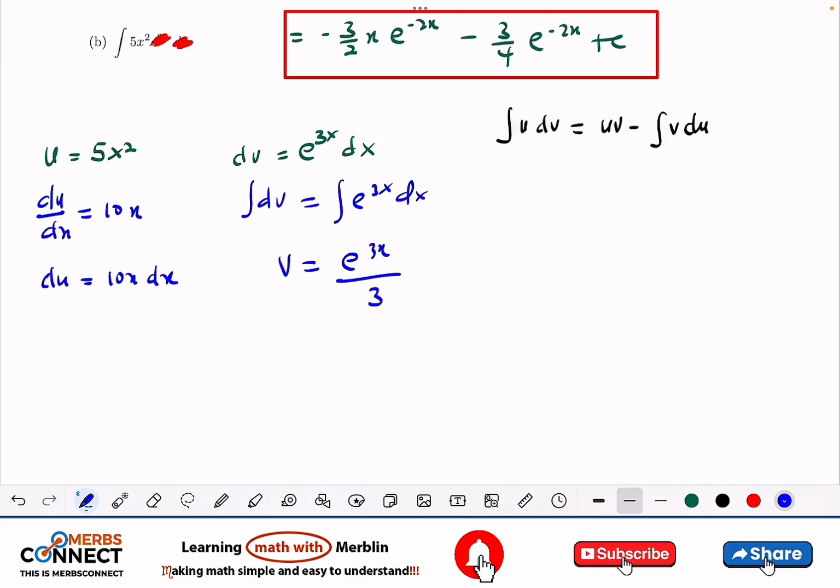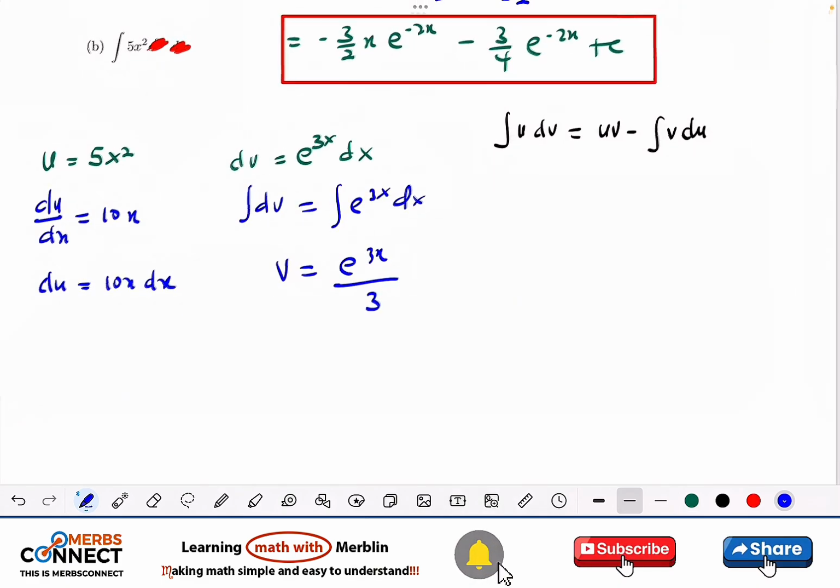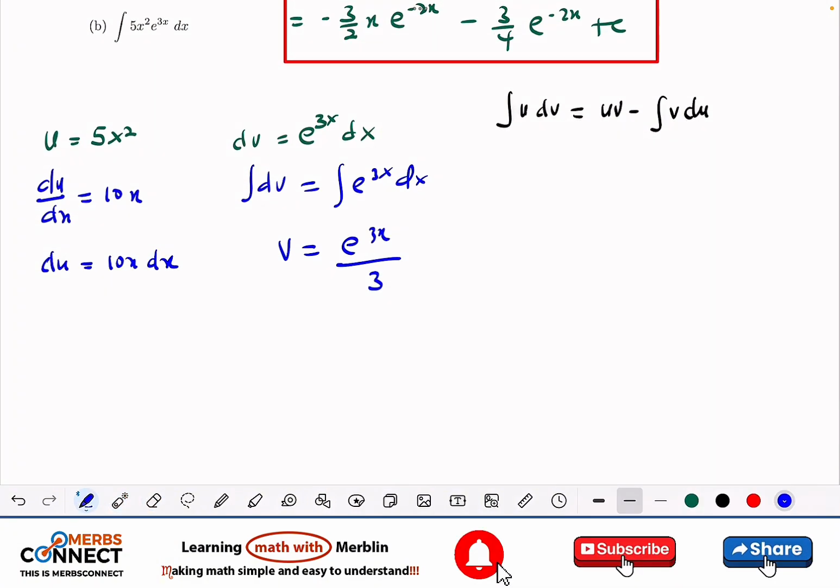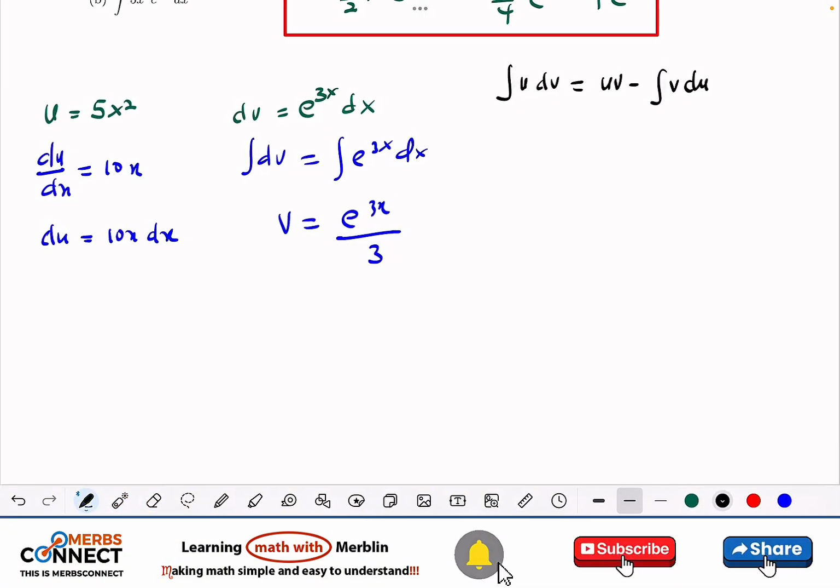So I'm done. So what I need to do is now write my integration, which is this here. So this is going to be the integral of 5x squared e to the power 3x dx equal to u times v.